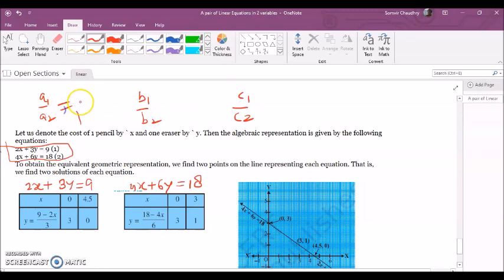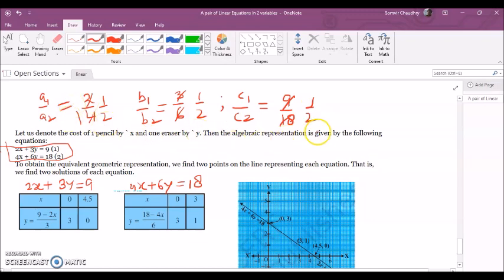When you take a1 by a2, this gives you 2 by 4, means 1 by 2. When you take b1 by b2, that is 3 by 6, you will again get 1 by 2. And when you take c1 by c2, this is 9 by 18, you will get 1 by 2 again.